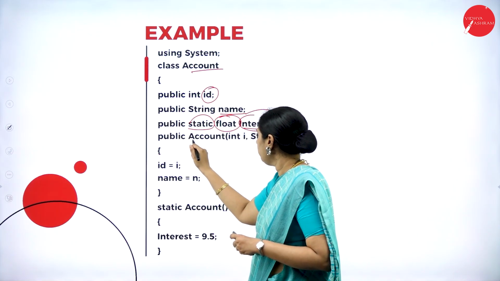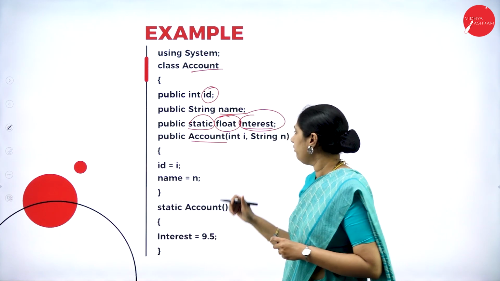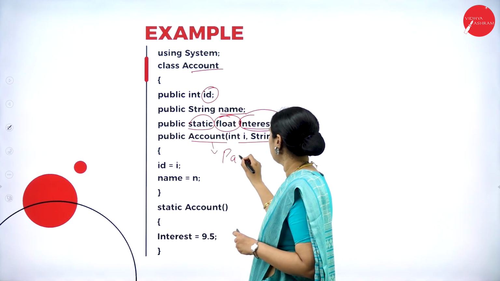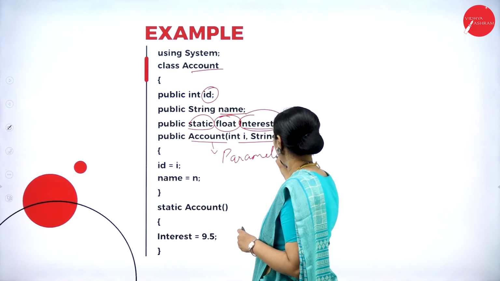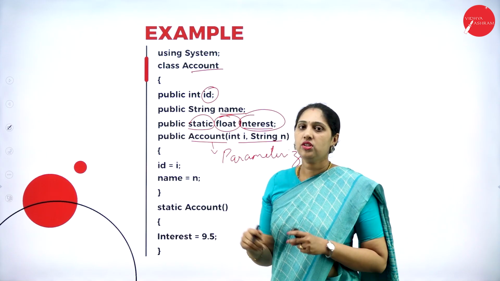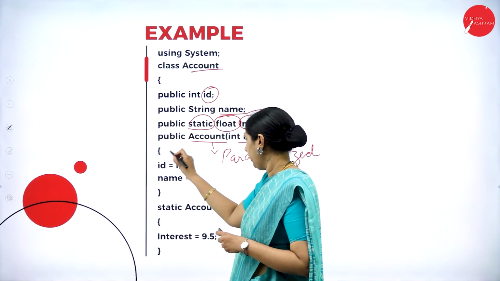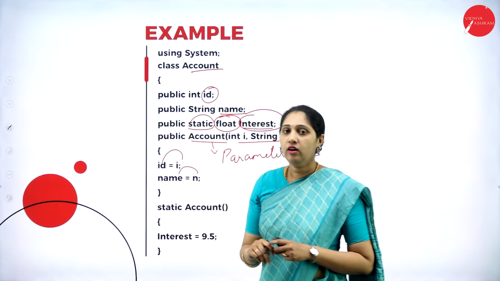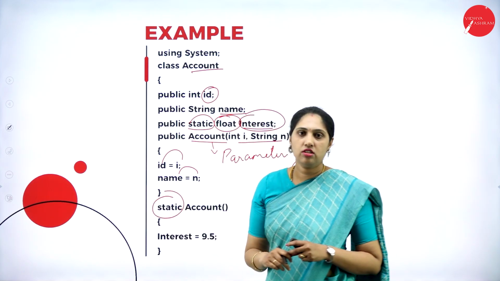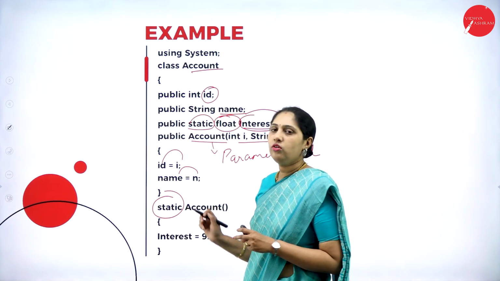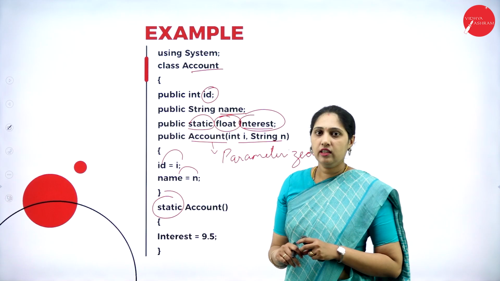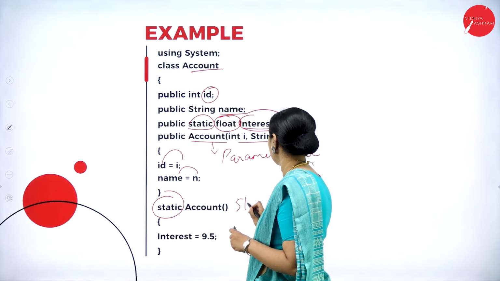Next, we create Account with parameters. What is this? This is a parameterized constructor. As usual, we assign I to ID, N to name. Now we create a static constructor. See, if no static was there, it would be a default constructor. I use the term static, so it will be a static constructor.